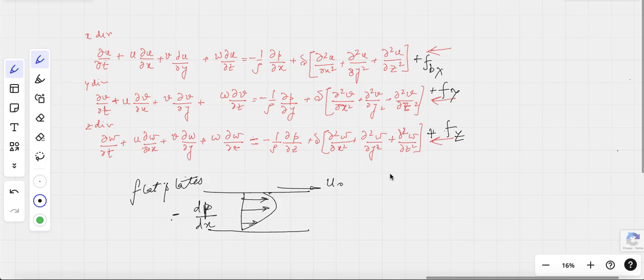Now a few assumptions: incompressible. Why? Because this Navier-Stokes equation in this form is itself incompressible, right? Steady.